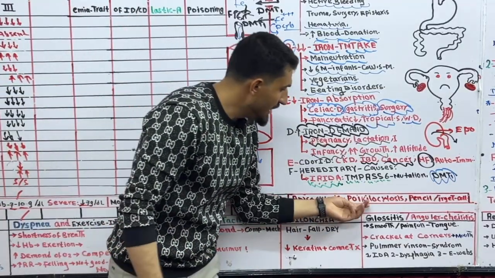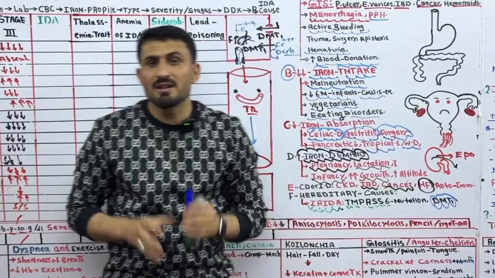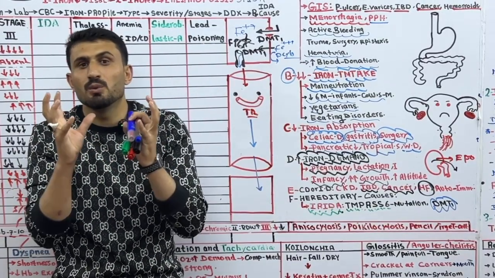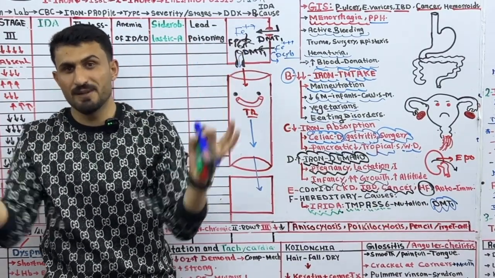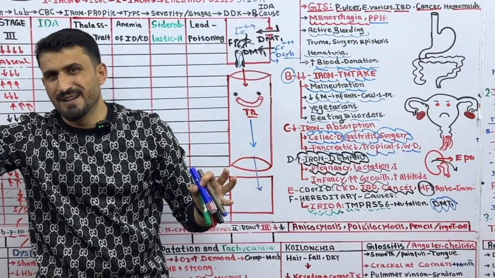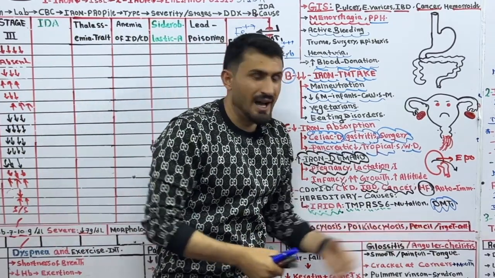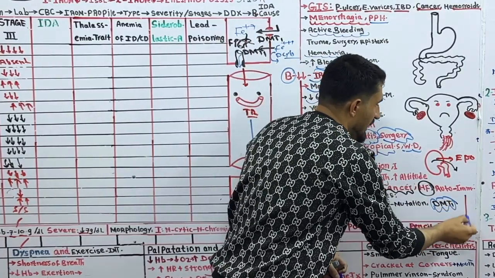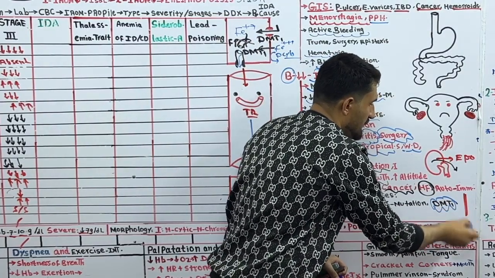Plus, you will find poikilocytosis. Poikilocytosis means that you will have different shapes of RBCs. For example, some RBCs will be biconcave, some RBCs will be pencil-like, long.